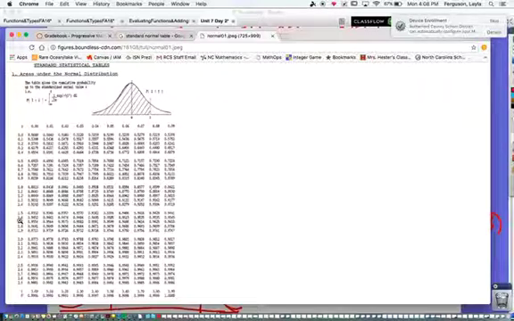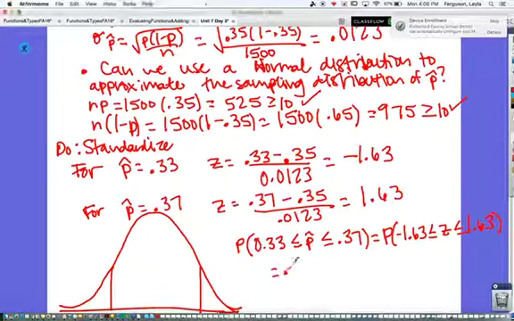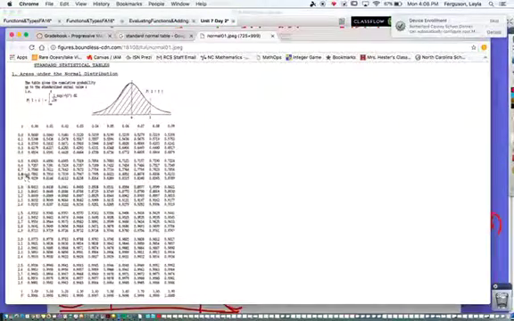All right, so we're going to find 1.63, which is 0.9484. So we're going to have 0.9484, and we're going to subtract out. So obviously these are the positives.